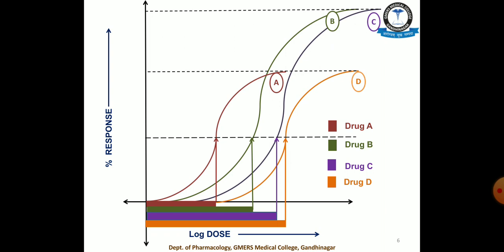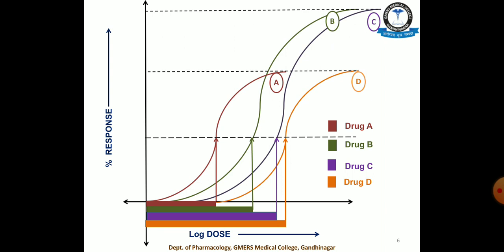Drug B is more than drug A, drug C is even more than drug B, and drug D is even more than drug C. So we can say that drug A is the most potent, because for producing a certain response, the amount required of drug A is least, while drug D is the least potent.